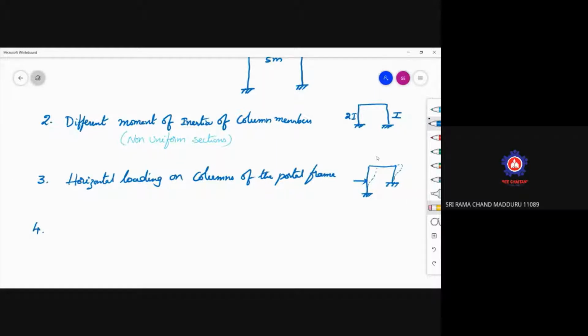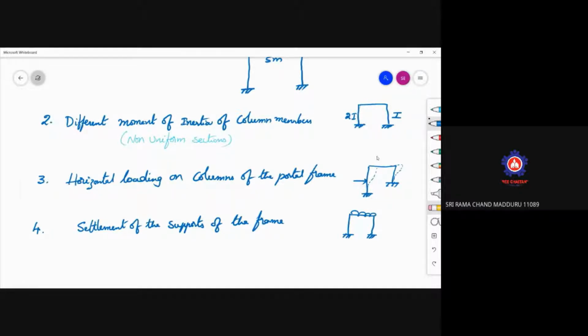Now the next one is settlement of the supports of the frame. So for example, your frame is like this, which has a symmetrical loading on the beam.